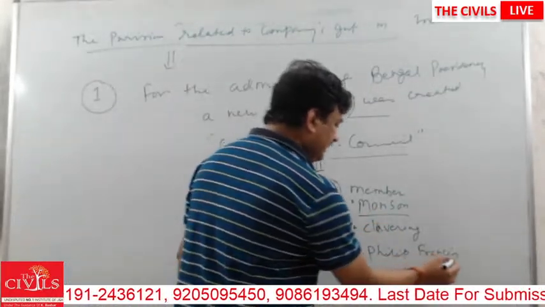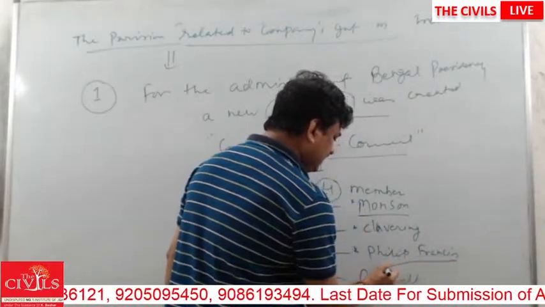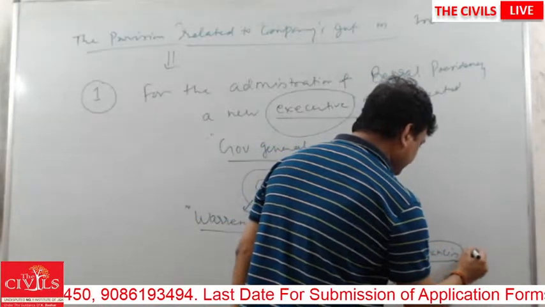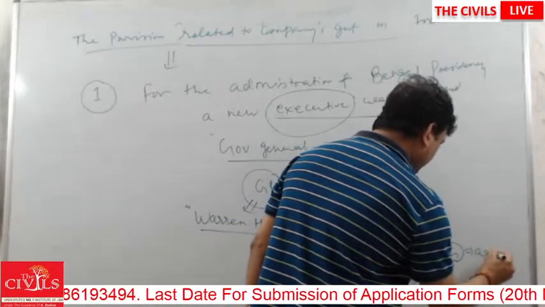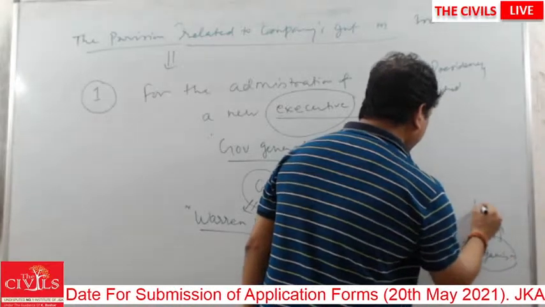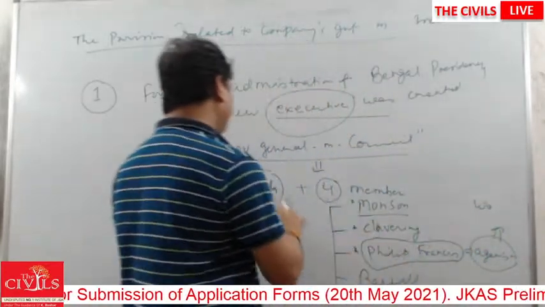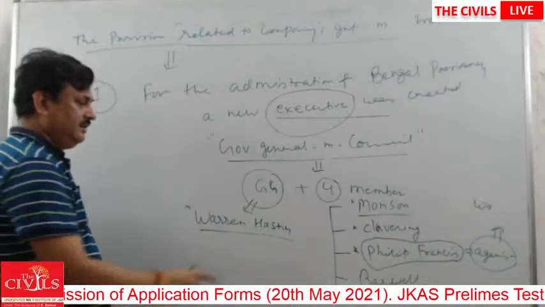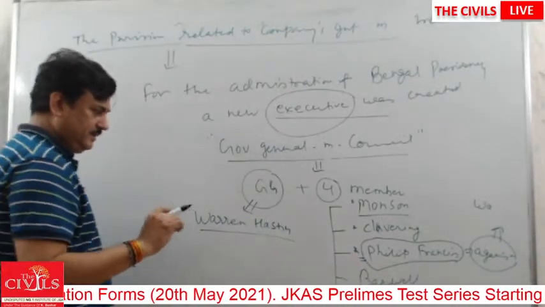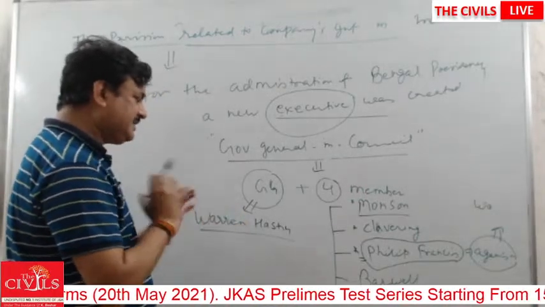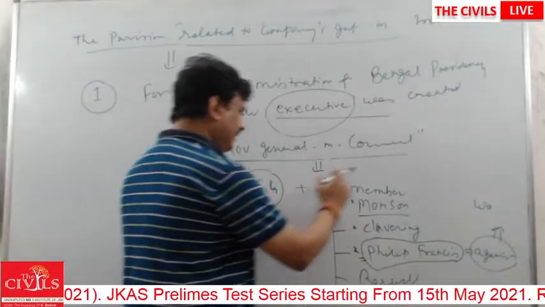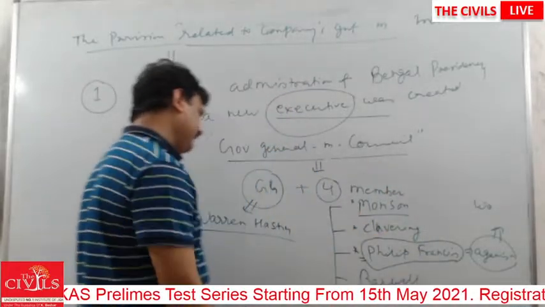Remember one thing, this Philip Francis was always against Warren Hastings, and in one of the meetings of the Governor General Council, he shot at Warren Hastings. So there was always conflict between the Governor General and the council members.